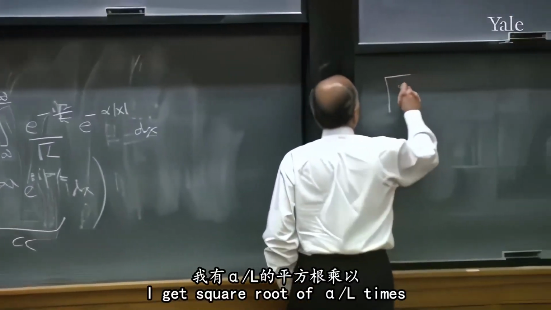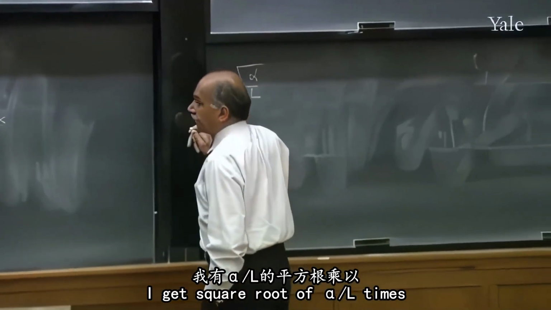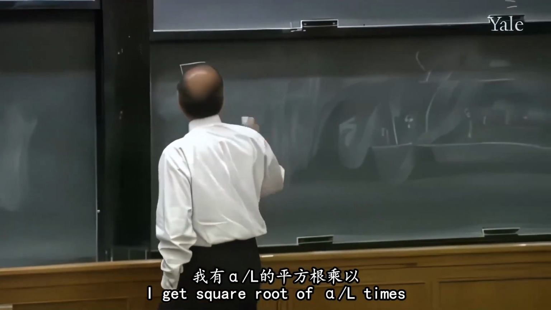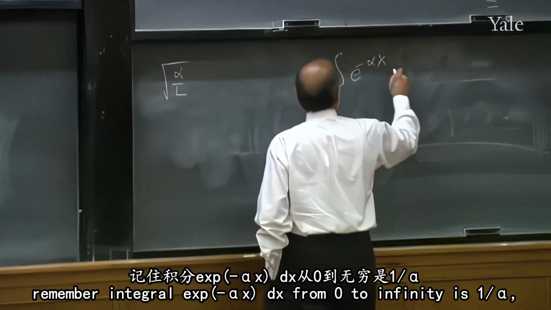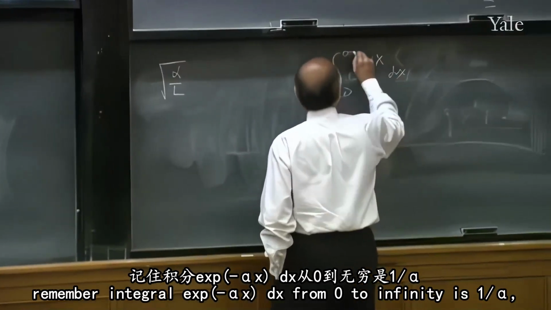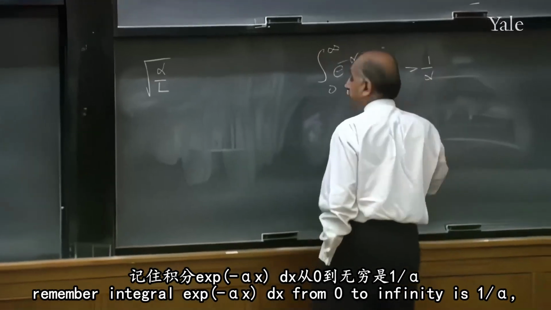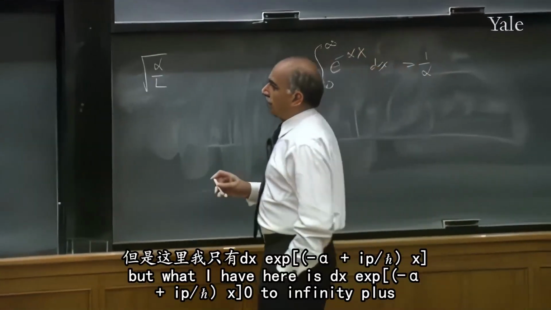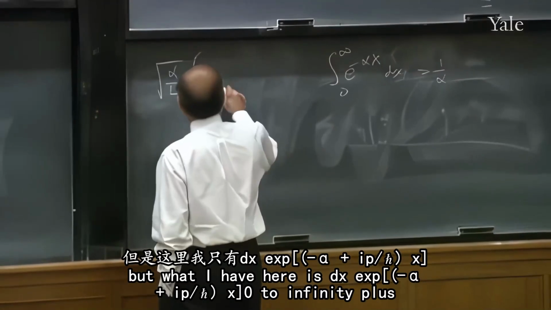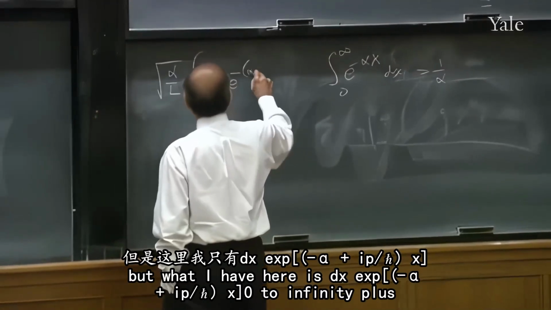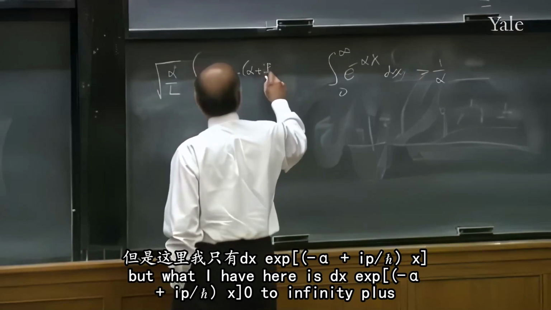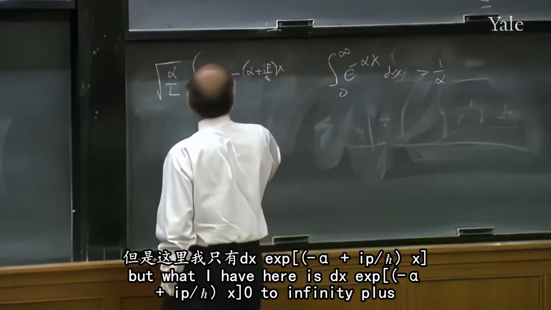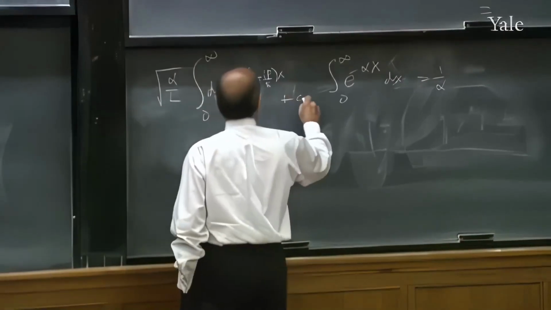I get square root of alpha over L times, remember, integral e to the minus alpha x dx from 0 to infinity is 1 over alpha. But what I have here is dx e to the minus alpha plus ip over h bar x, 0 to infinity, plus the complex conjugate.